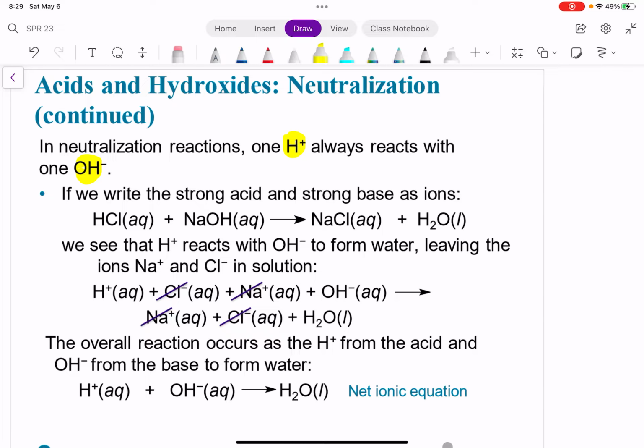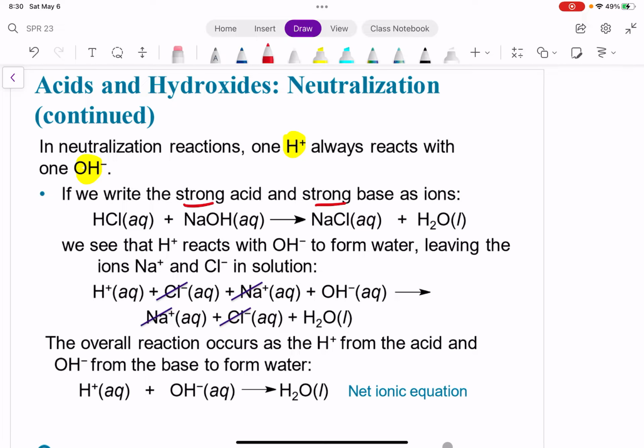And you'll see this term strong acid and strong base. What that means, and we're not going to get too far into the weeds in it, we'll save that for later, is that a strong acid and a strong base have ions that completely dissociate in water.